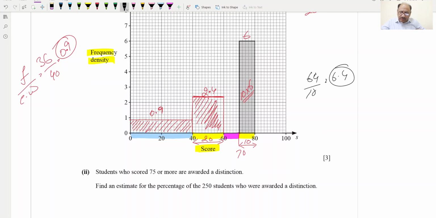So we take the height as 6.4, up to this point, and we close from the top. This is 6, this is 2.4, this is 0.9, and this will be the bar.